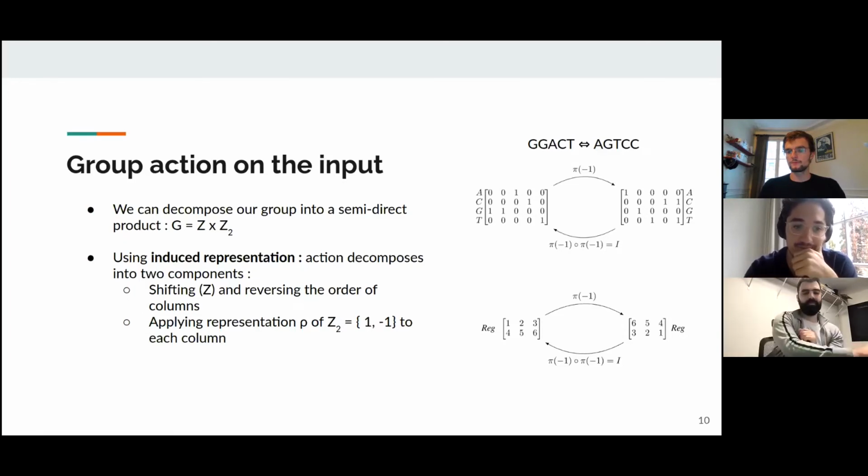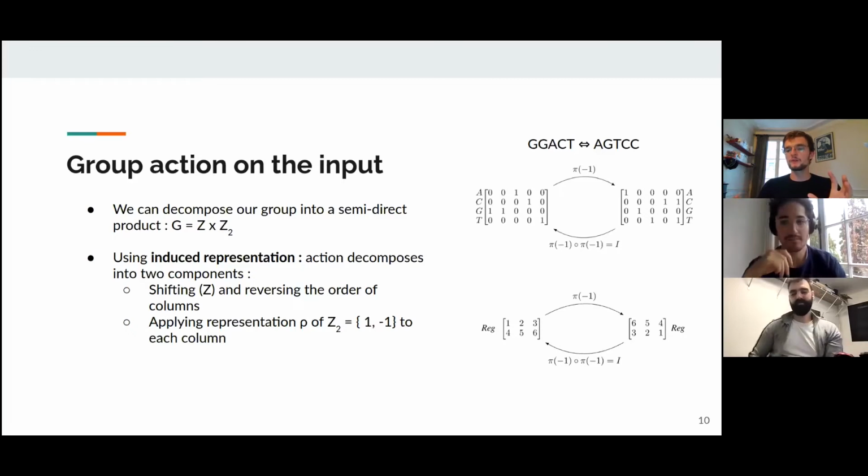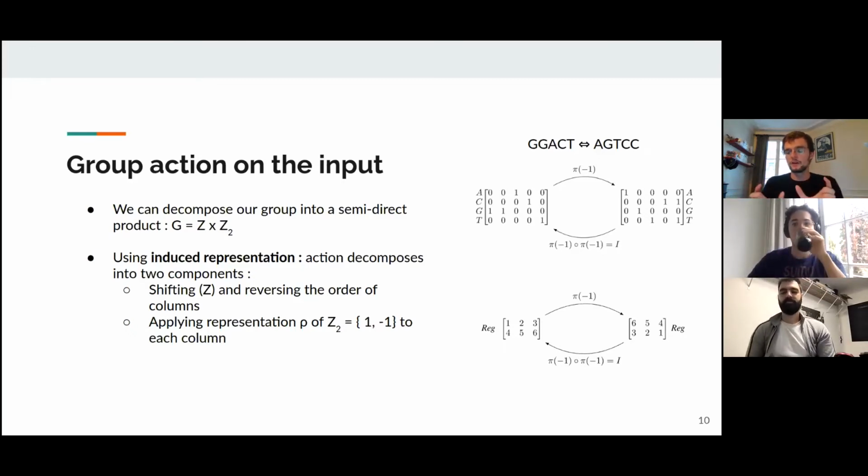It's kind of weird because they are two decompositions that closely follow each other, but they're not exactly isomorphic. The shift arises from the induced representation: reversing the sequence affects the whole space, but flipping the bits is independent, so you can decompose your group action into these two components.